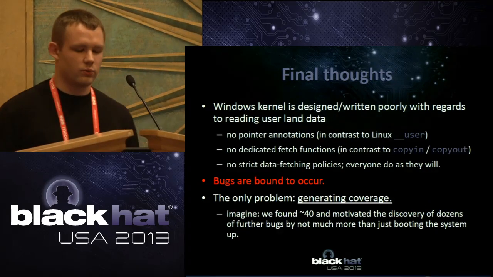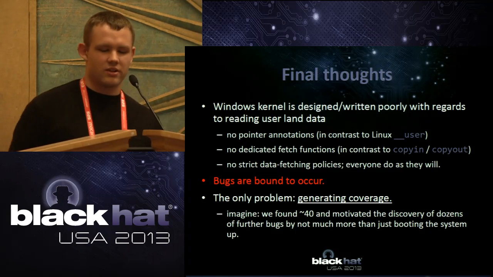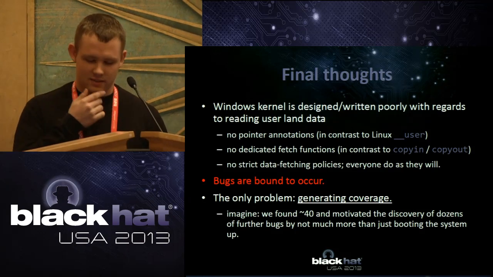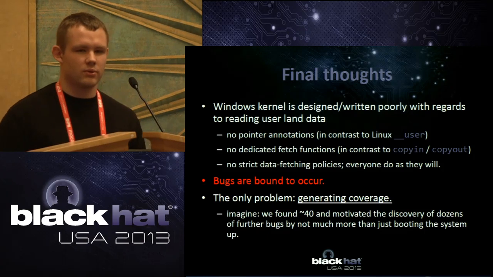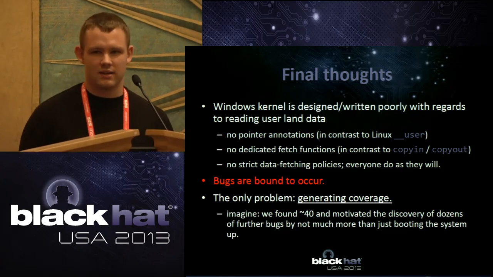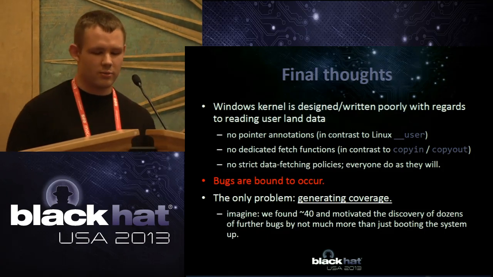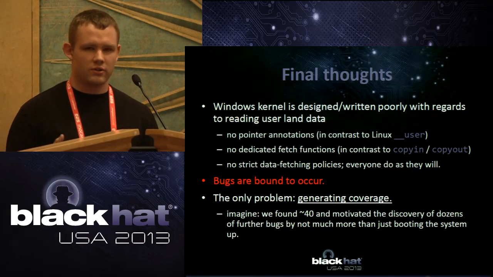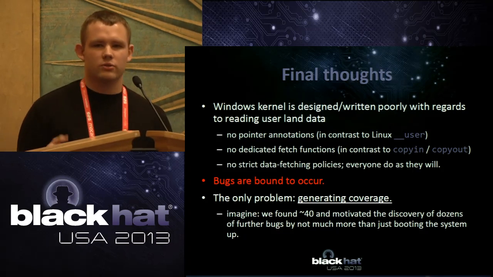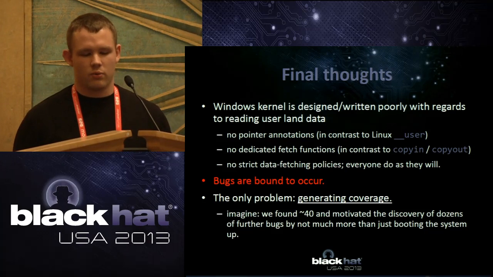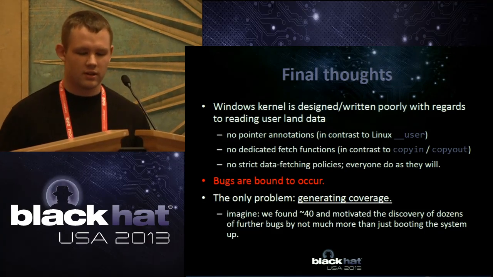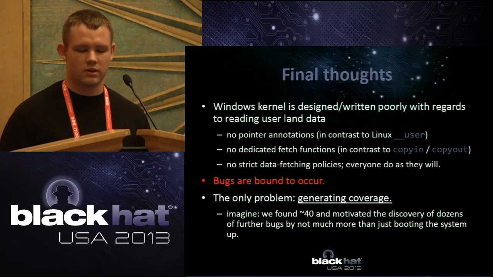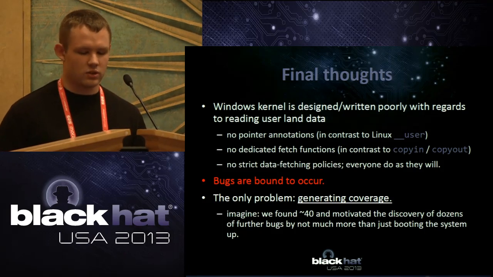So final thoughts about Windows is that it's generally designed very poorly and written poorly with regards to this specific problem. So Windows really lacks several mechanisms that are found in other operating systems. So we don't have pointer annotations so we don't really know for a specific function whether a pointer that it takes is a user mode pointer or not, whereas Linux has a user mode annotation for pointers.